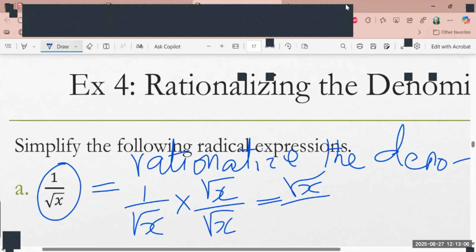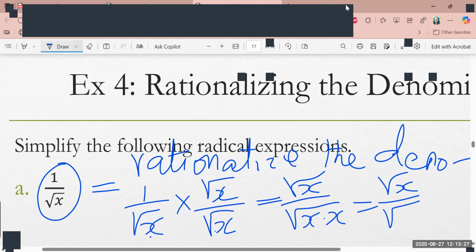Then we have square root of x multiplied by square root of x, which is x. And the square root of x squared in the denominator, they will cancel each other. So my answer is now going to be square root of x over x.